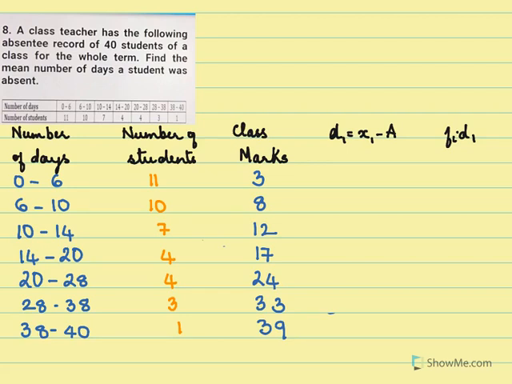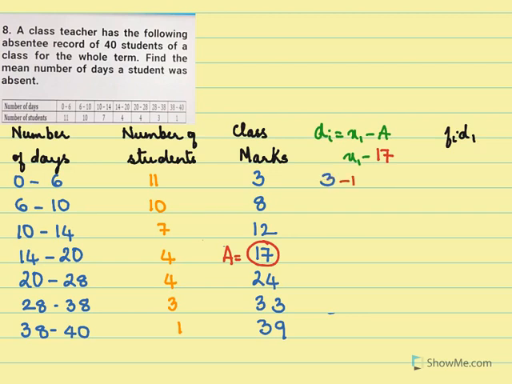We have to assume a mean, and in this case we'll assume the mean as 17. A equal to 17. In the next column we need to find a deviation, and for the deviation we do xi minus a. Means from every reading xi we have to subtract 17.